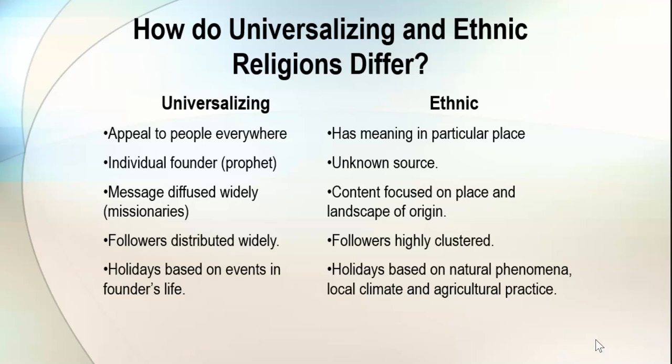Even if you find them in other parts of the world, it will be with enclaves of people who come from whatever that ethnic background is. And the holidays are based on the natural phenomena, like monsoons, for instance, or lightning storms, or whatever, right? And a lot of times you'll see that they reflect agricultural practices, harvest times, planting times, right?